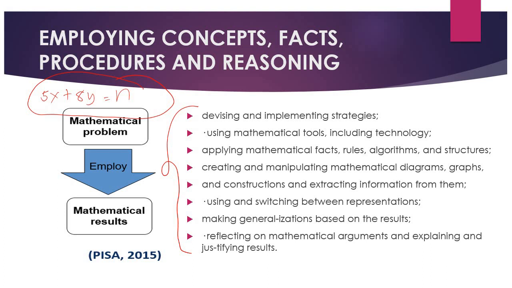Magiging x lang ba siya or magiging y lang ba? Of course, hindi pwede, di ba? So, ang mangyayari, your mathematical result for this case is 5x plus 8y equals n. That is your mathematical problem and that is also your mathematical result. Kasi nga, adding 5x plus 8y is still 5x plus 8y. Medyo libog.